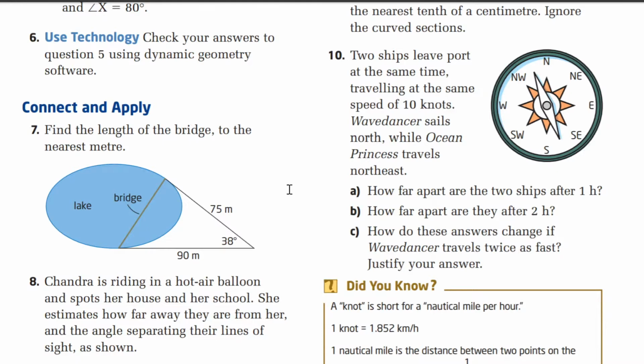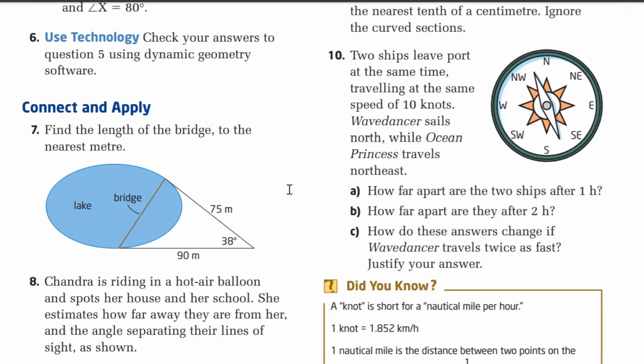So whenever you're doing questions with a direction setup, I usually like to make a little compass just so I don't make mistakes on setting it up. So they're both starting from the same port down here, and one is traveling north.